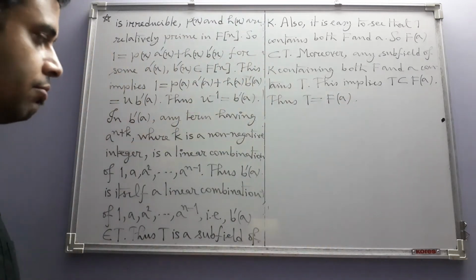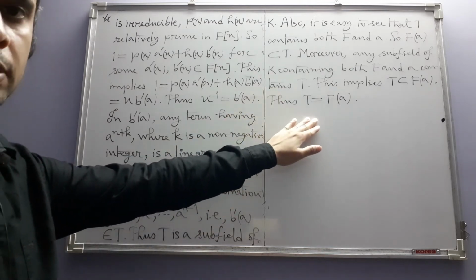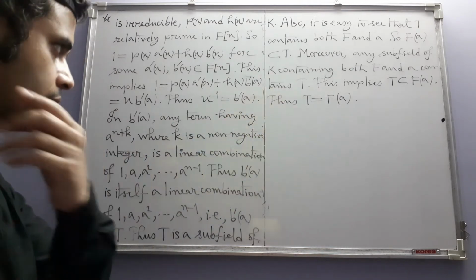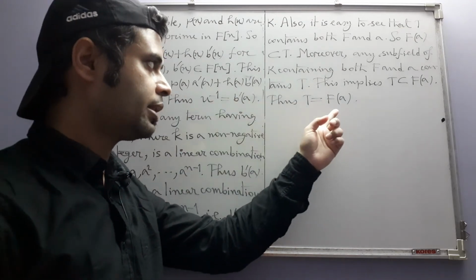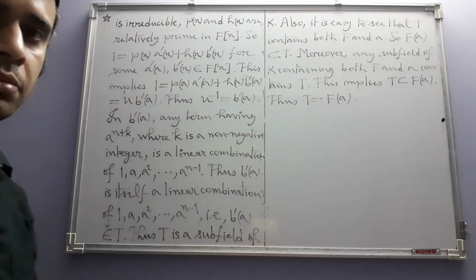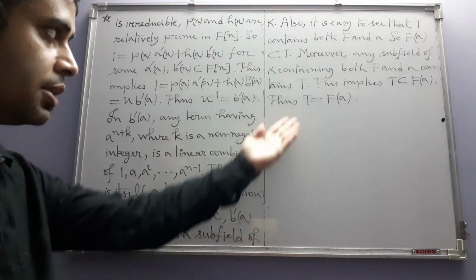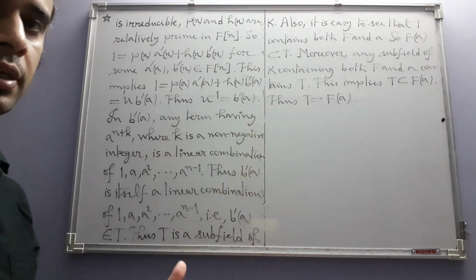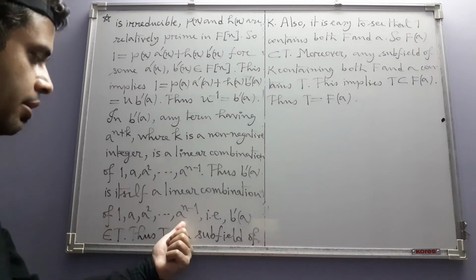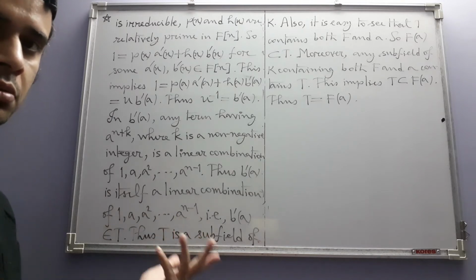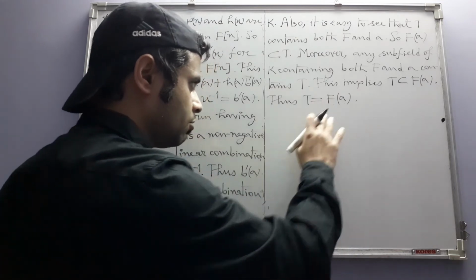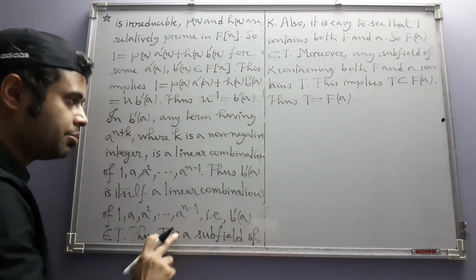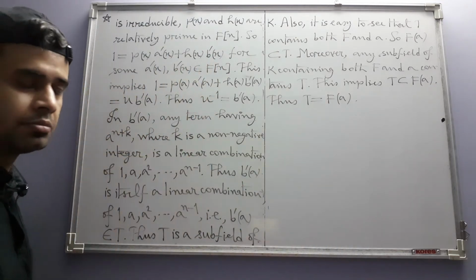Now, what is the advantage of going through all these things? Note that we have shown that every element in F(A), because of this equality, is a linear combination of these elements. So, clearly, as a vector space over F, these elements span F(A).